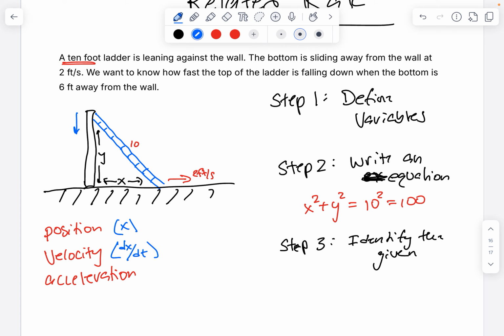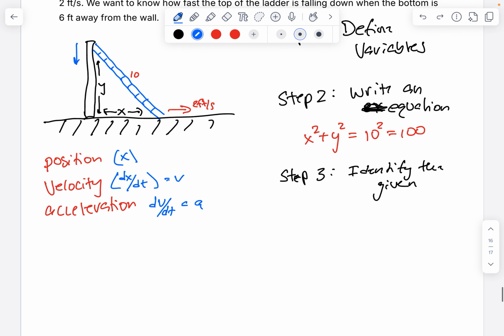And if you want to do acceleration, we'll say velocity is v. This will just be dv/dt, and that is a. So again, if you're given position, how we are with x, we can convert that to a velocity, a distance over time, to be v. So that's just an aside.